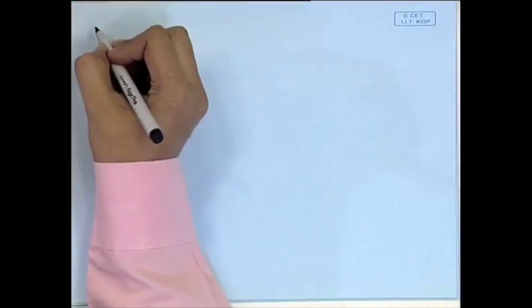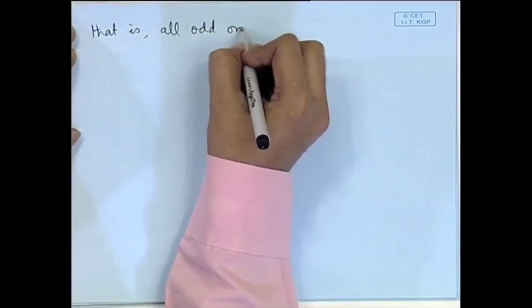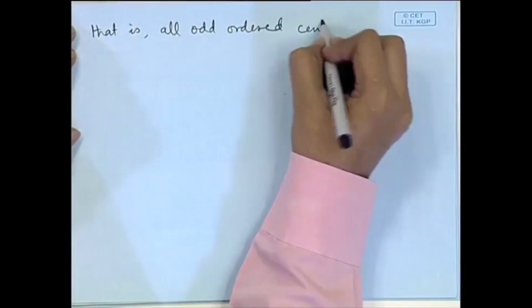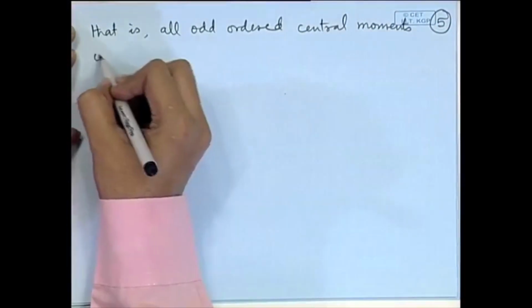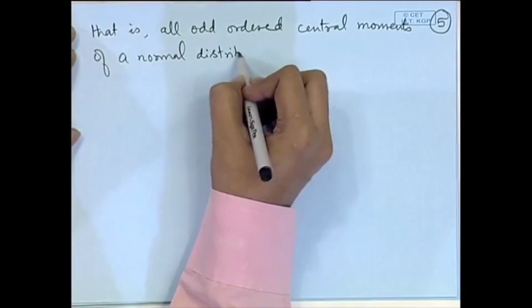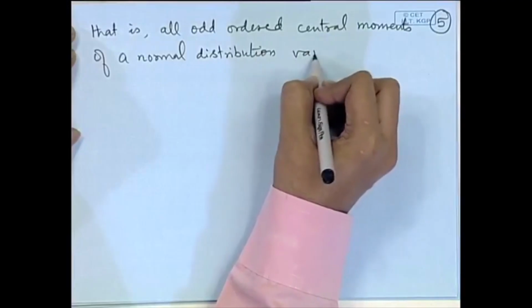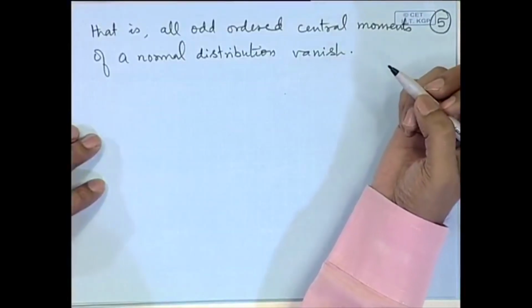That is, we can write that all odd ordered central moments of a normal distribution vanish. Now, this is quite important here, because we are considering any parameters mu and sigma square, and for any parameters mu and sigma square, all the central moments are vanishing, provided they are of odd order.